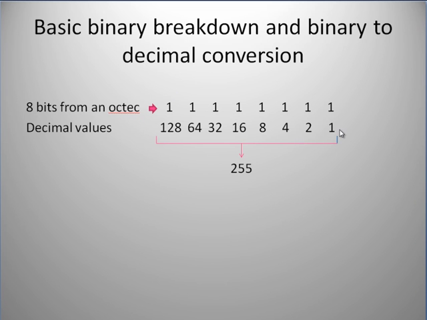But when we look at them as decimal values, to get an idea of what they actually add up to in terms of a base 10 decimal representation, you'll see that the increments, when you start going from right to left, they just keep doubling. So it's 1, 2, 4, 8, 16, 32, 64, 128. If you add all of these up, you get to 255.